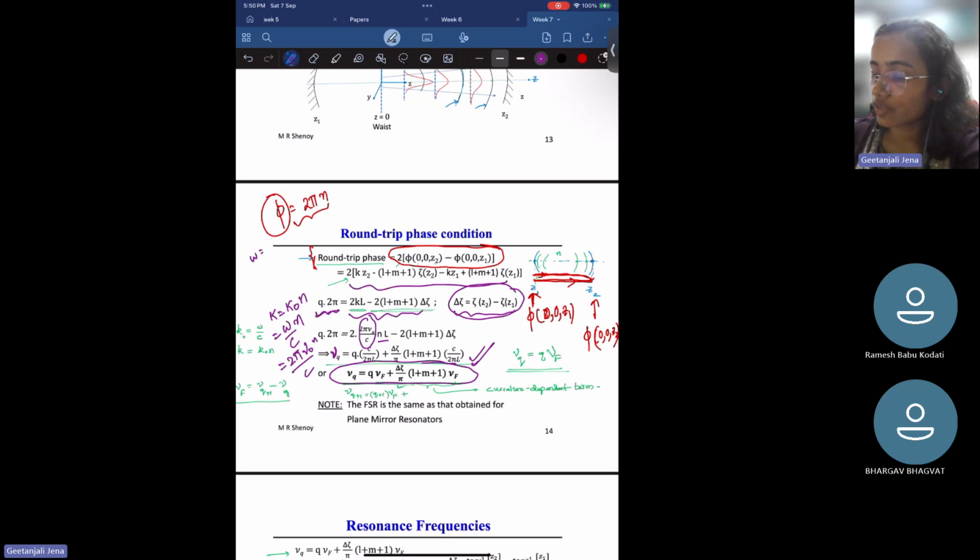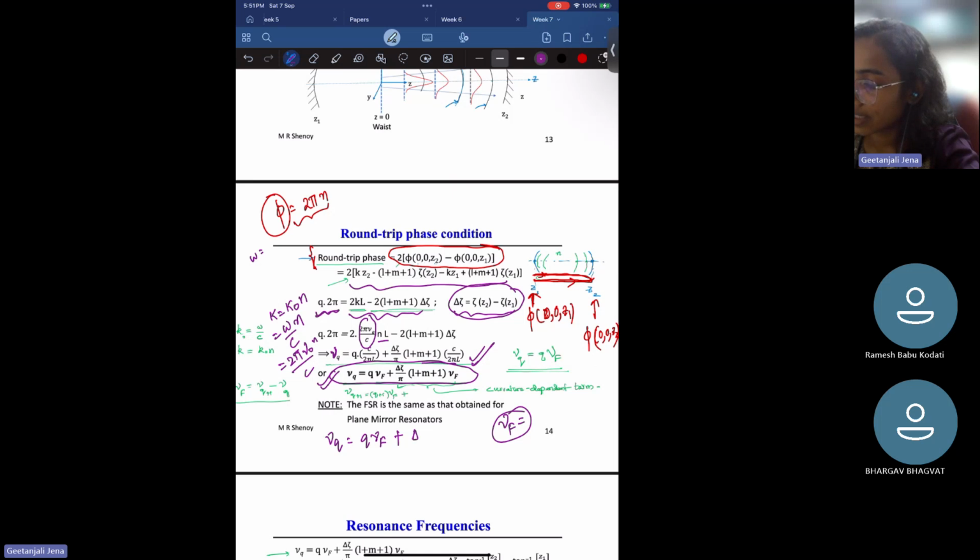For the spherical mirror resonator, the resonance frequency is ν_q equals q times ν_F plus Δζ by π times (l plus m plus 1) ν_F. So ν_F is nothing but the free spectral range that we have seen in the plane mirror resonator.